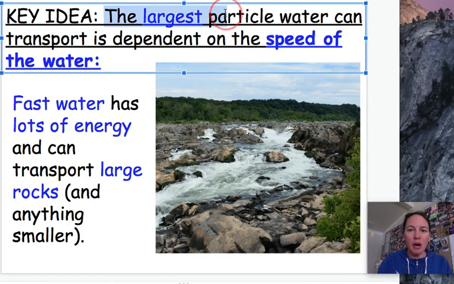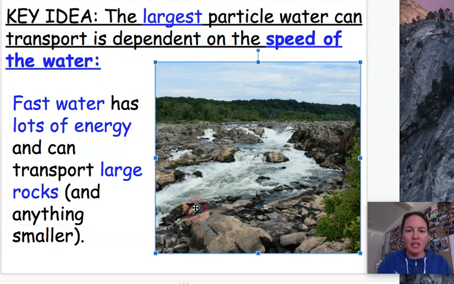The largest particle that water can transport depends on the speed of the water. So looking at this picture, this is a picture of the Potomac, a river on the East Coast, and it's fast water, it has lots of energy, and you notice here it can transport really large rocks, pretty big boulders, as well as anything smaller than that. This would be what our rivers look like up in the mountains in the Sierras. You've seen the waterfalls. You've probably even heard some of the rocks tumbling around.